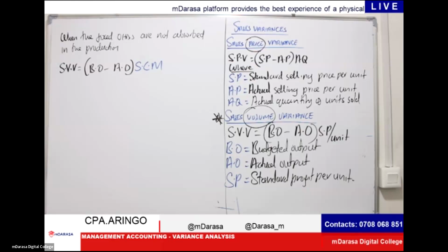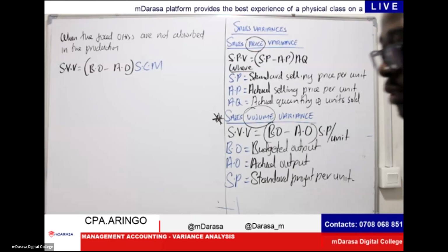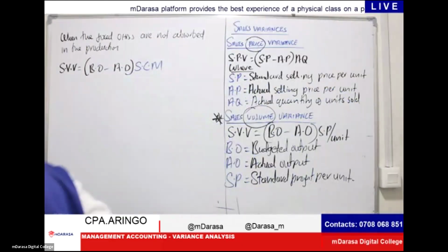That is where the examiner specified that your fixed overheads are not absorbed into the production. You have to master and get that very well.